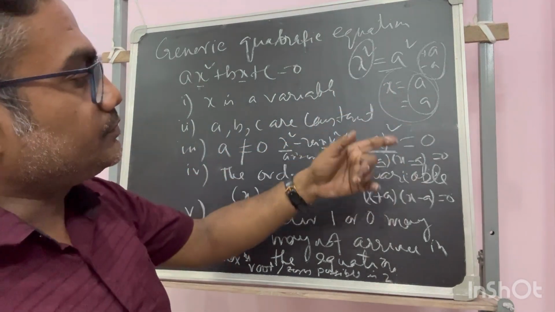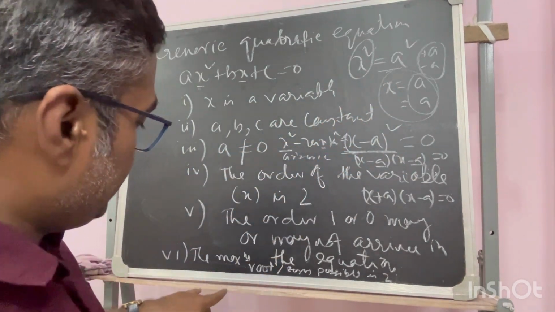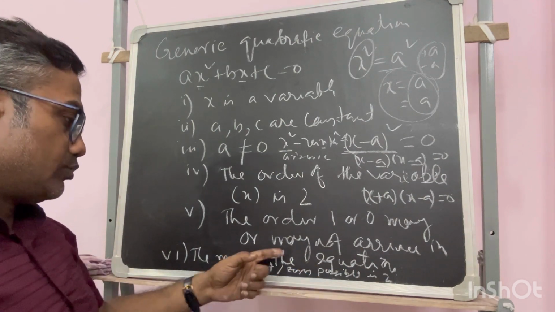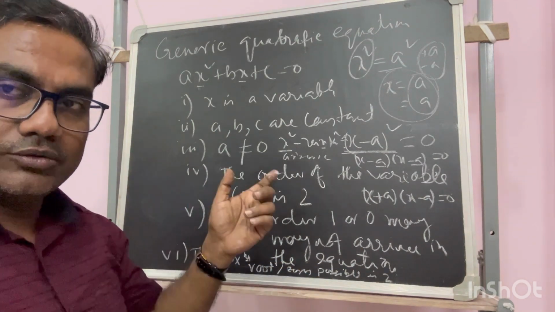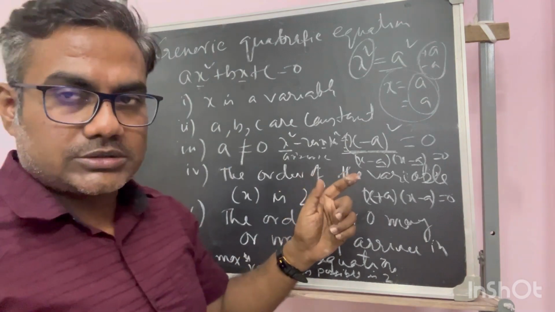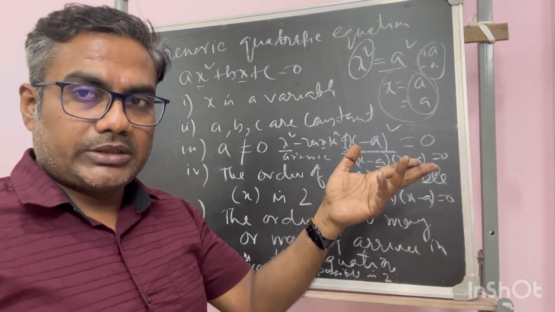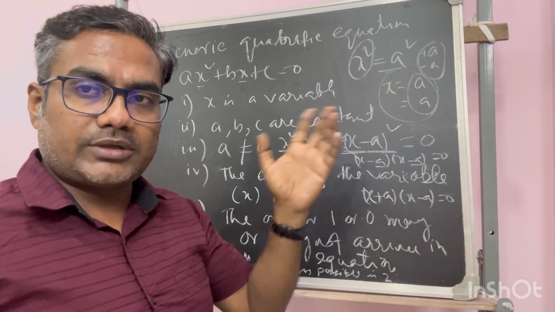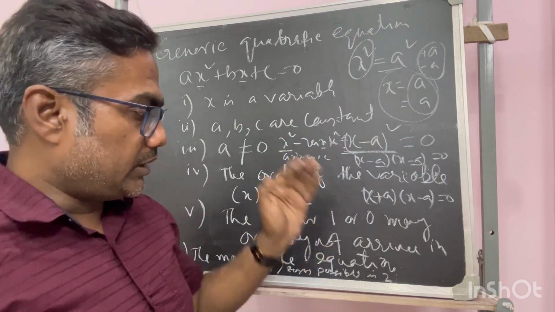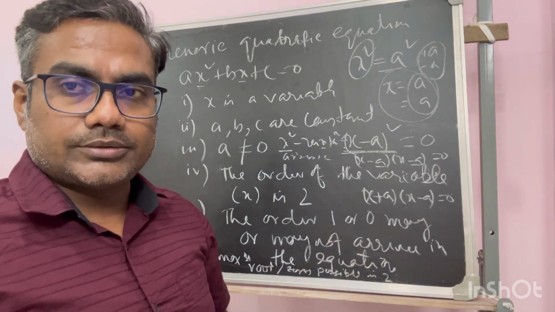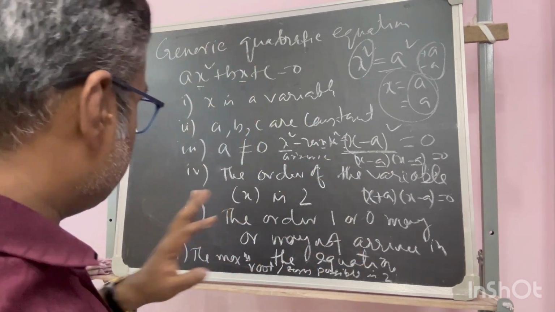Okay, so what I mean to say is that the maximum number of roots possible would never cross more than 2. You will not get any 3 solutions for a quadratic equation. The maximum possible is 2, but the lowest can possibly be 1 also. Okay, so this is the case.